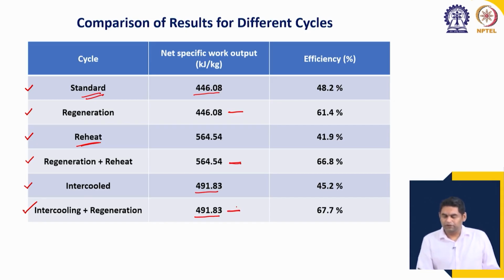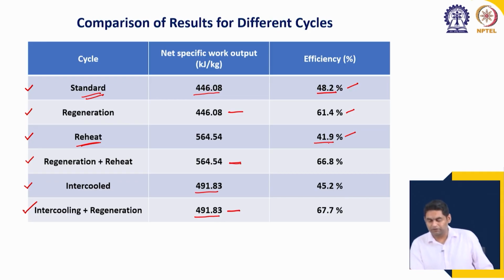Okay. For the efficiencies, standard cycle 48.2. Remember these values are high because these are all ideal cycles; with actual losses, these values will come down considerably. Regeneration increases the value to 61.4%, reheat of course will decrease the value even much below the standard cycle.